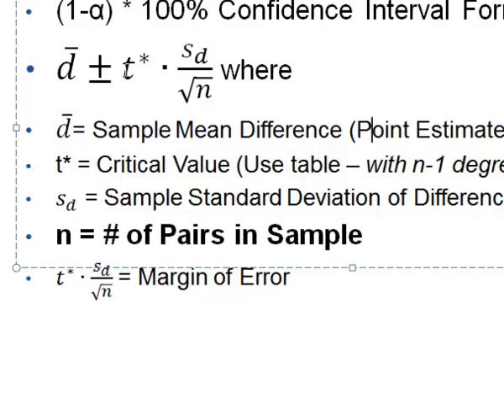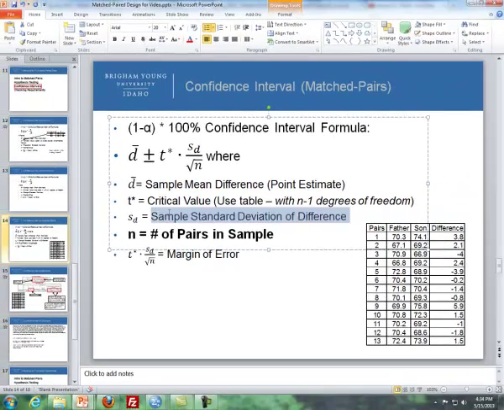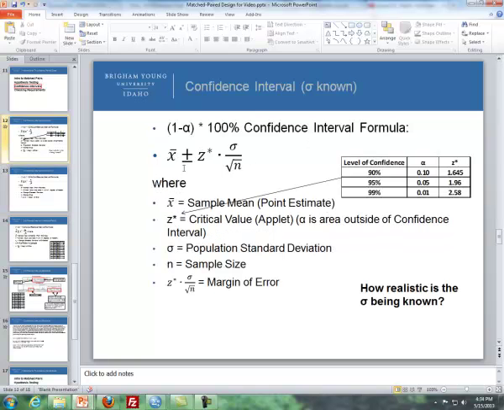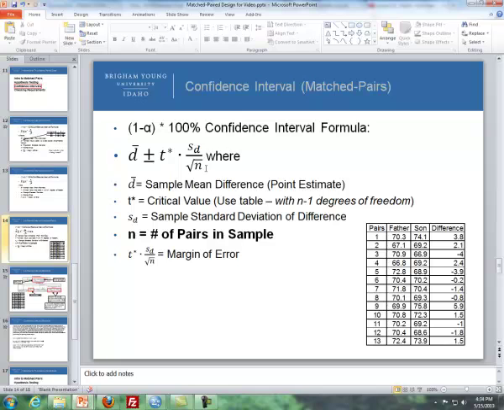Then we add and subtract a margin of error, where we take a critical value from the t-distribution times the sample standard deviation of the differences, divided by the square root of our sample size, where n is the number of pairs in our sample. Just like with all the other ones, we take a point estimate plus or minus a margin of error to get a confidence interval, and here we'll also be using Excel or SPSS to get our results.